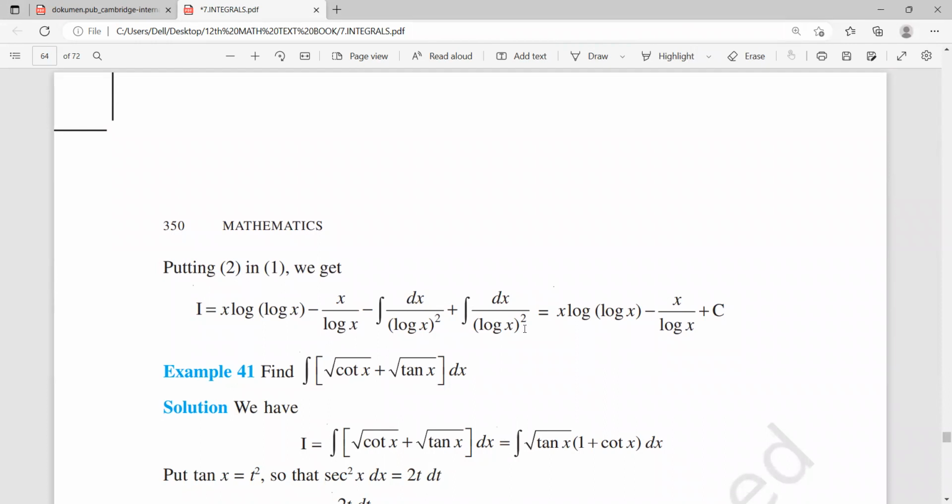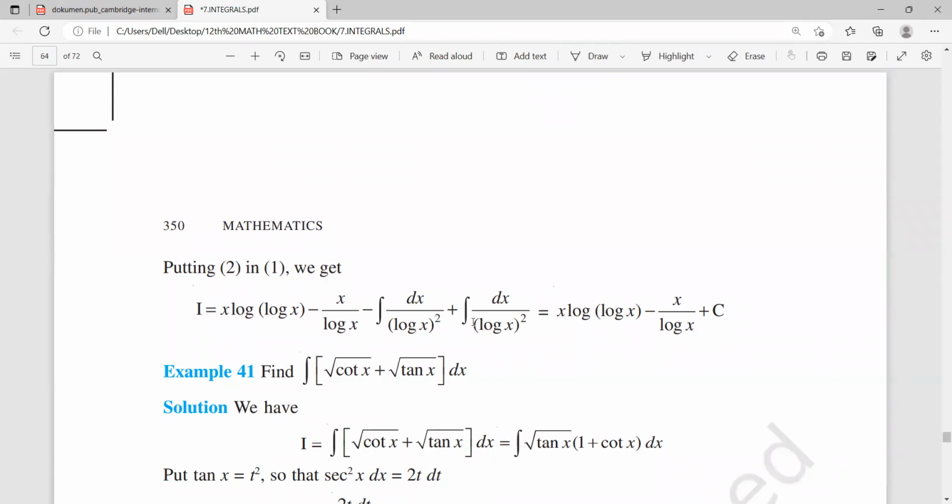You see, x log of log x minus x by log x. That's what we got now also. This is another way. That method is easier, but this also should be answered.